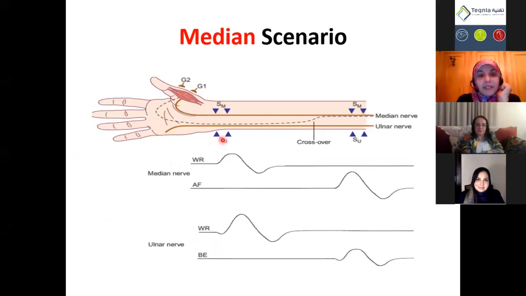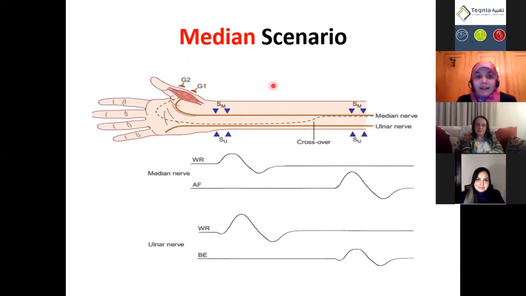We have stimulating here, this is the median nerve, as if block in the wrist. Why? Because when you stimulate the median nerve here, the fibers are missing. But when you stimulate it here, you find a higher response. When you stimulate the ulnar, you will find the difference between the two exactly as in the same scenarios.